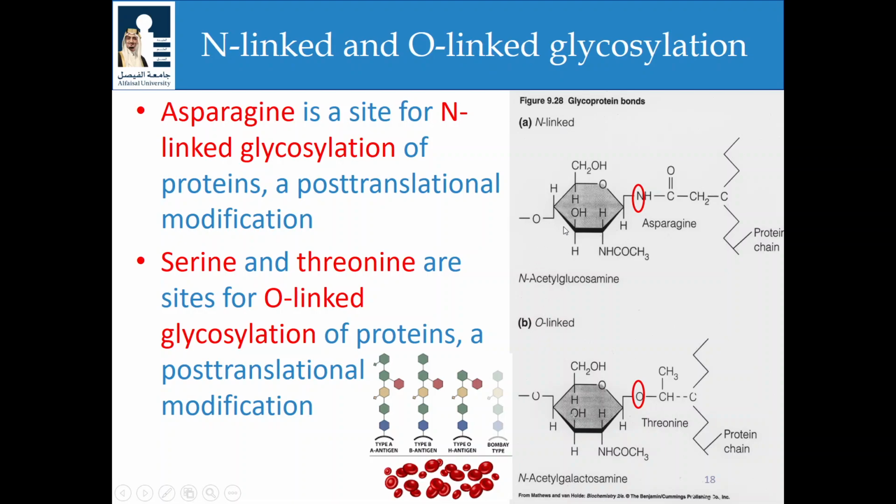You add the sugar either to the N, usually of asparagine, or to the O, or the OH group, and the O could be either in serine or threonine. So this is what makes these 3 amino acids special: asparagine for N-glycosylation, adding sugar to its nitrogen, and serine and threonine for adding sugar to the oxygen of the OH group.